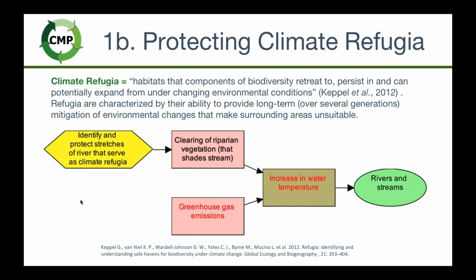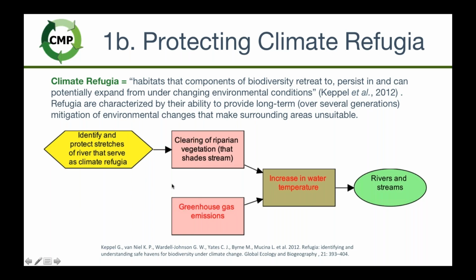Our next category is protecting climate refugia. So climate refugia are defined as habitats that components of biodiversity retreat to, persist in, and can potentially expand from under changing environmental conditions. So they are characterized by their ability to provide long-term, over several generations, mitigation of environmental change that makes surrounding areas unsuitable.